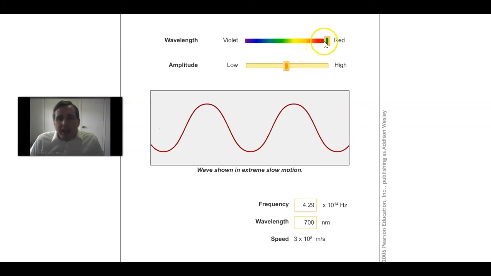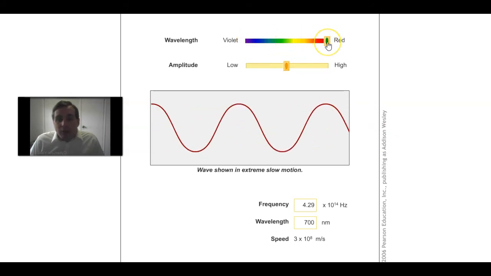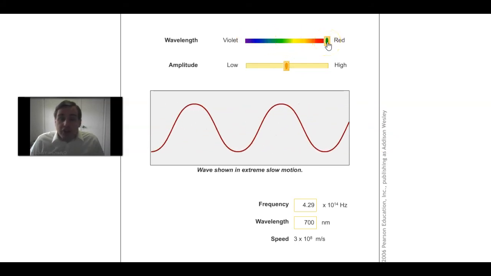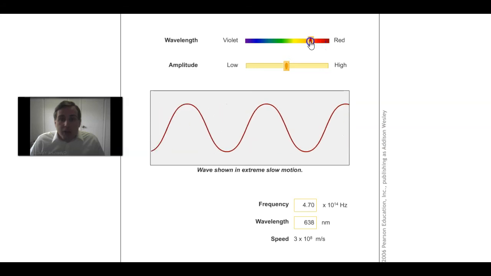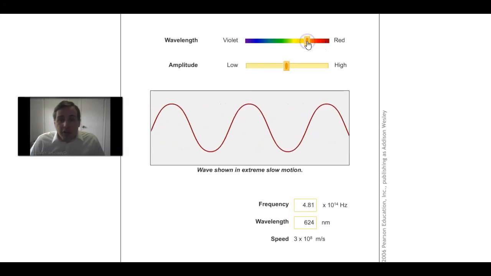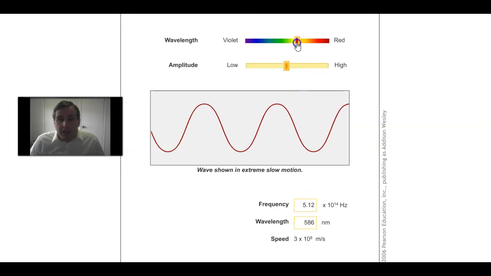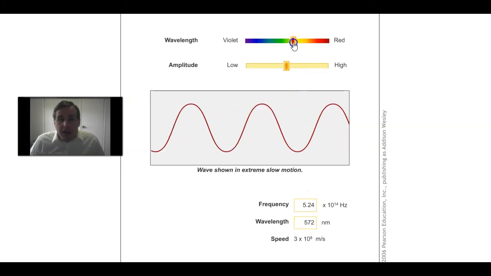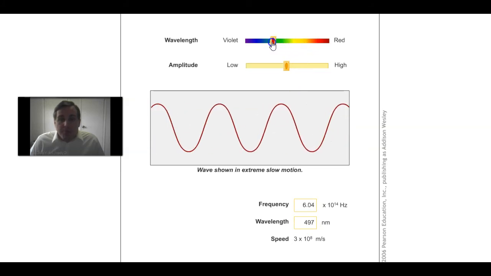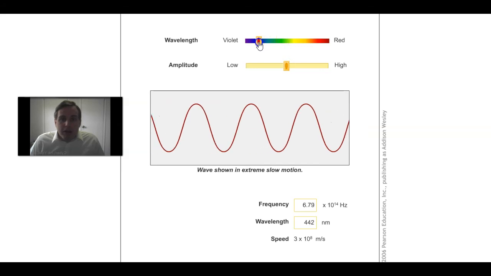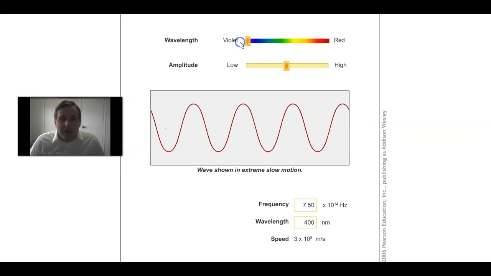Now, by the way, if we change the wavelength, we'll change the frequency, we'll also change the color. So notice that we should be able to go to orange here. Notice orange is higher frequency, shorter wavelength. Here we have yellow, and then green, and then blue, and then somewhere in here is indigo, and then how about violet?